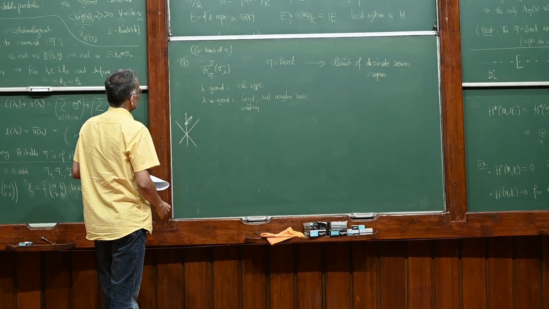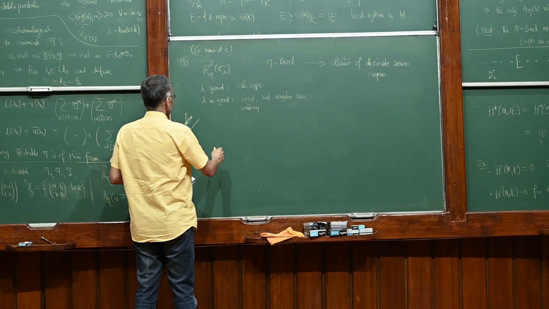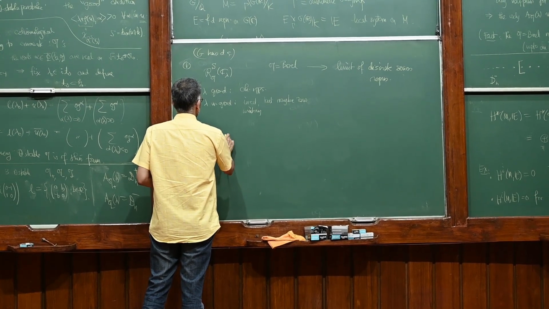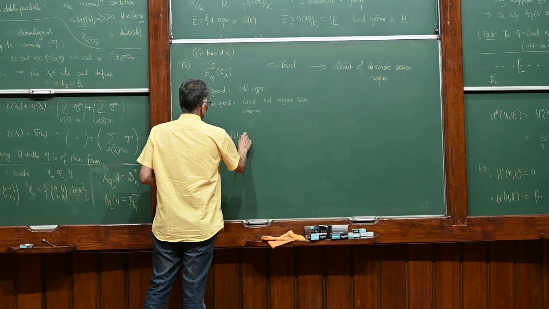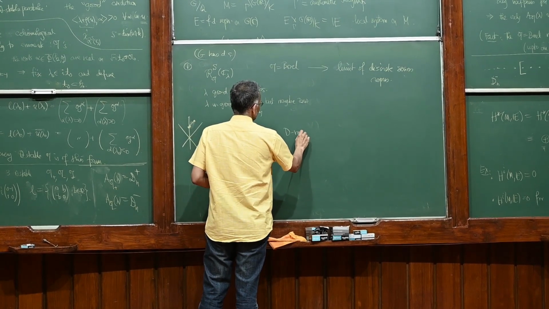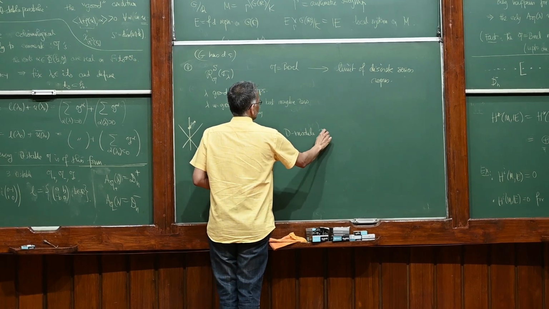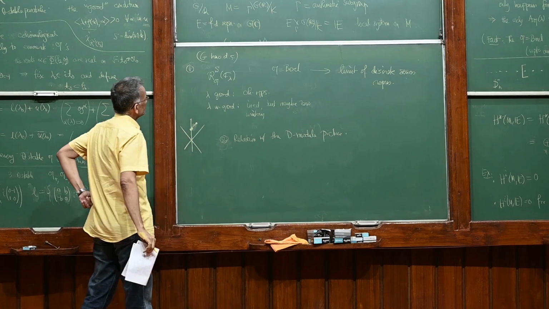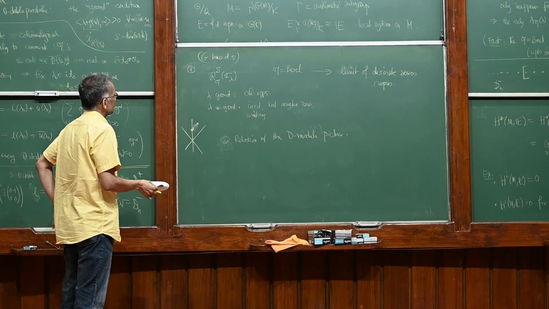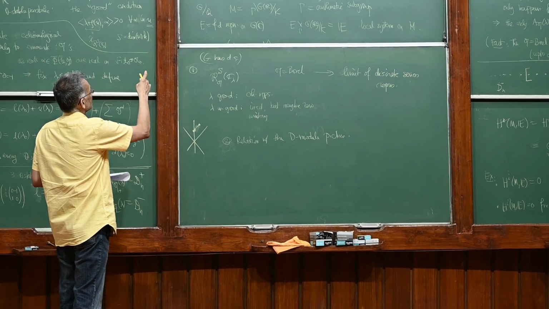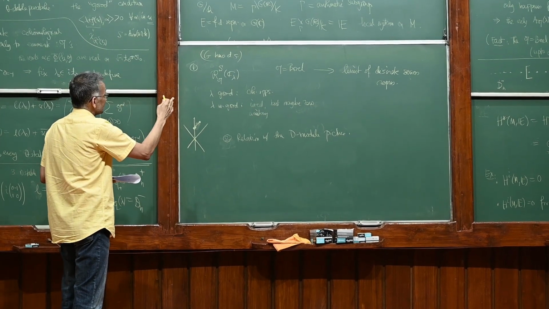This was one remark. The second remark, I think I have time, is the relation with the D-module picture. So I'll just say it very briefly. The cohomological representations, from our point of view, are nice representations singled out by this cohomology dimension relation.